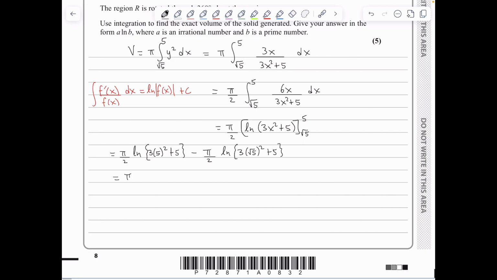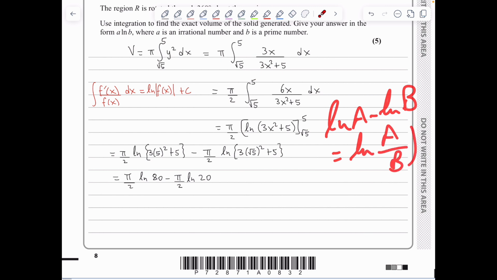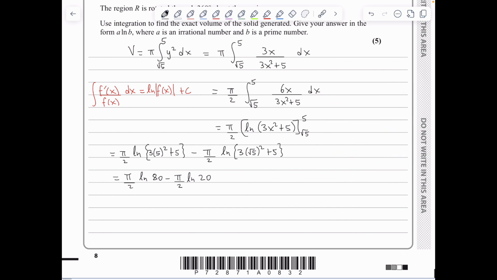This is giving me pi over 2 ln of 80 minus pi over 2 ln of 20. Well, we know that ln of a minus ln of b is equal to ln of a over b. So this will simply give me pi over 2 ln of 80 over 20, which simplifies to give me pi over 2 ln of 4.